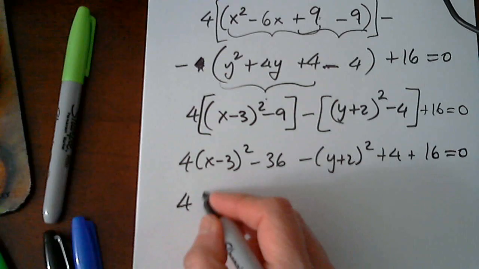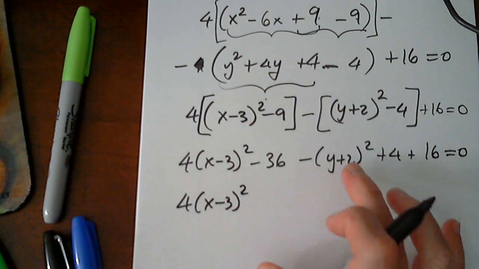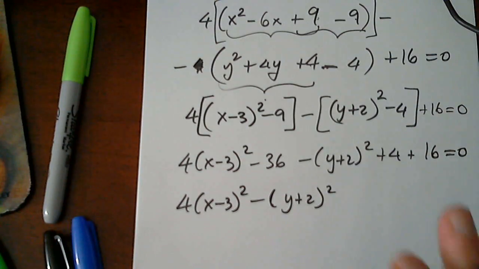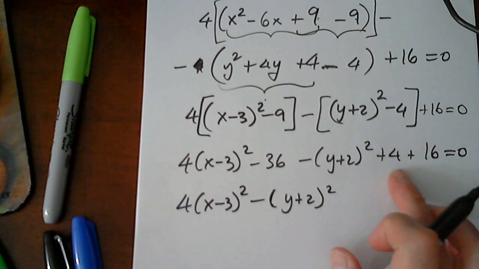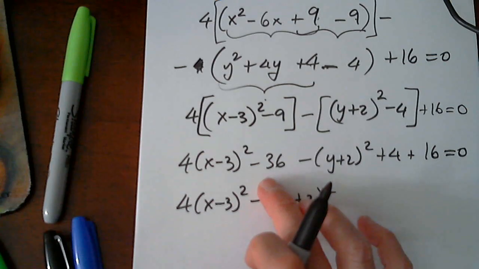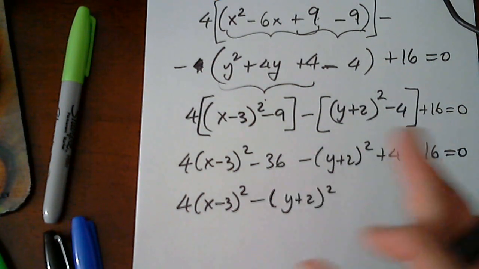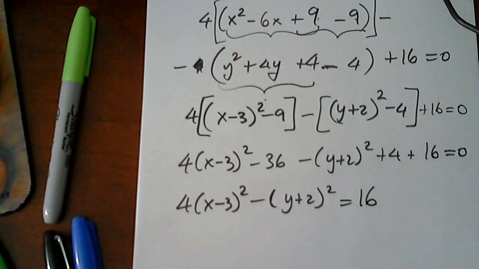This term stays. This term stays. And now careful. This is positive 4, negative 36 plus 4 plus 16 is negative 16, moved to the other side.